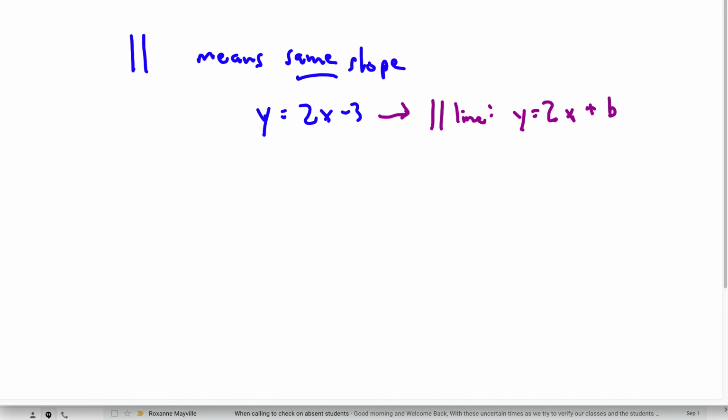The reason I'm using b is because b could be anything except negative 3. The reason is if it was negative 3, it would mean it's exactly the same line, which means technically they're not parallel. Okay? So if you said y equals 2x plus 7, that would be a line that is parallel to 2x minus 3.